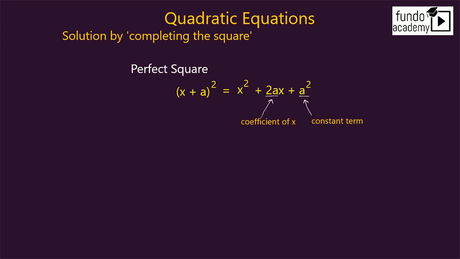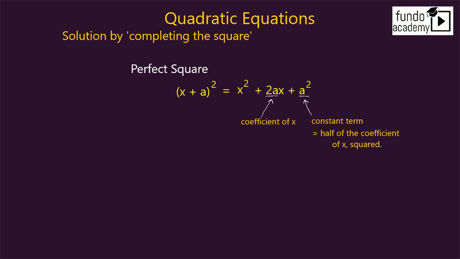Now you can also see that there is a relationship between the coefficient of x and the constant term. Actually, the constant term is equal to half of the coefficient of x, squared.